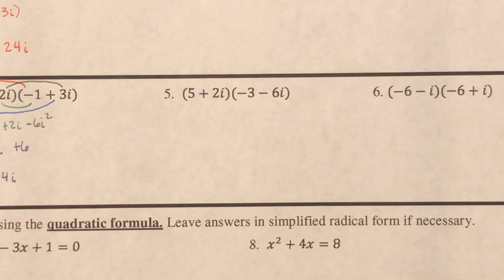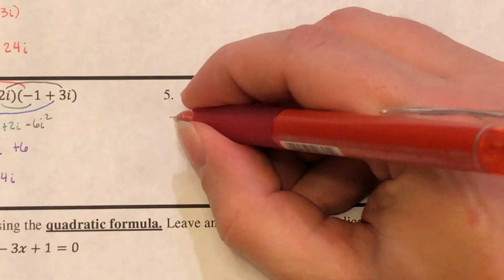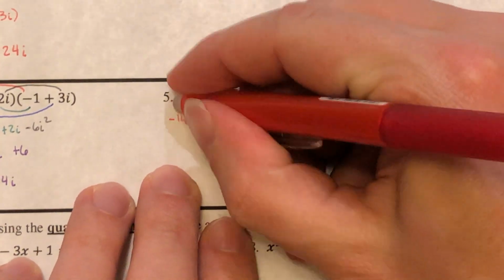Follow that same process for number 5. So I do negative 15.